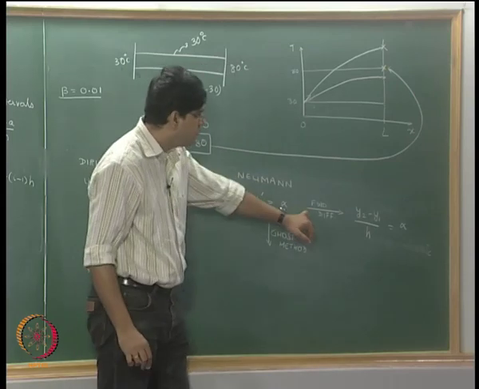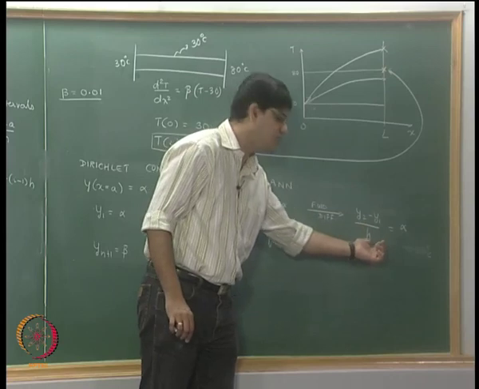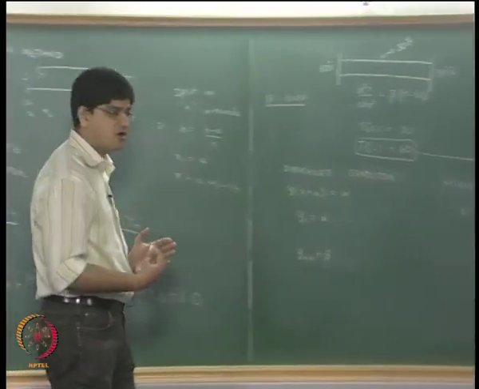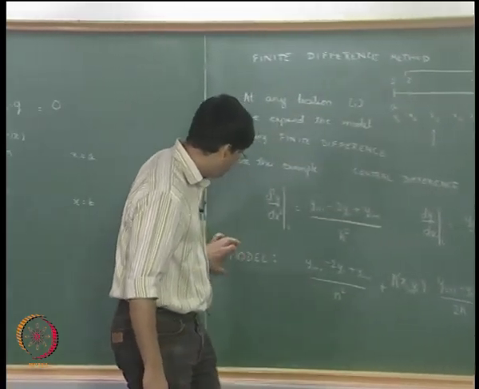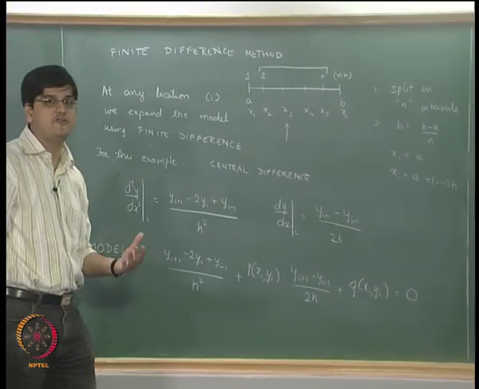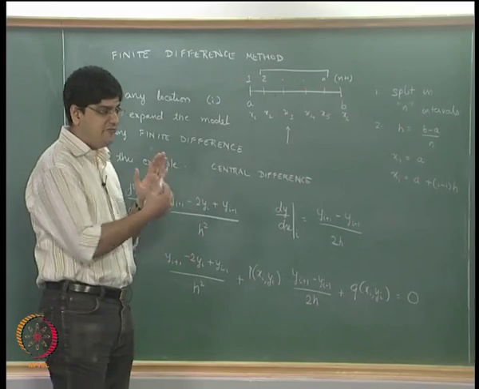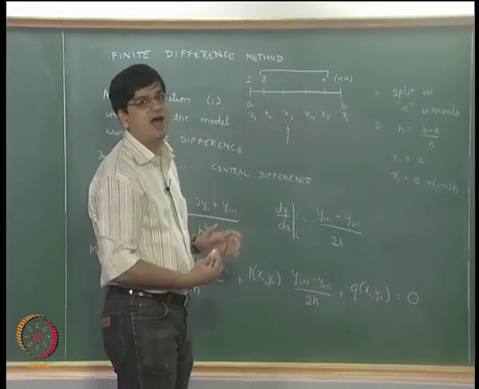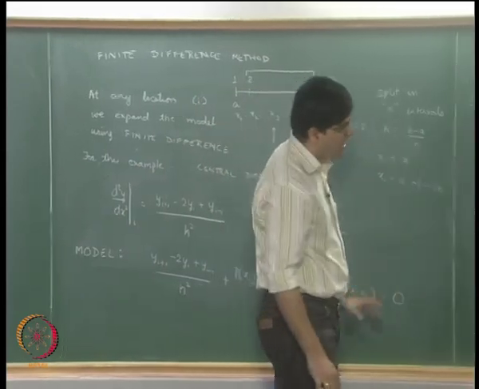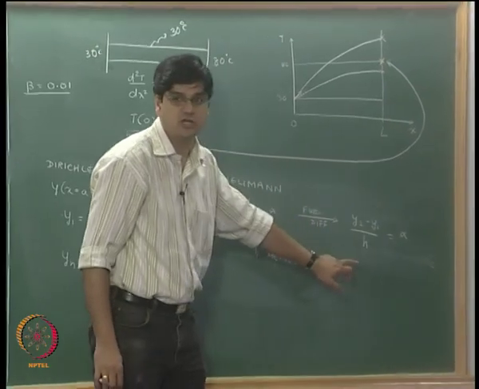Now, the problem with using the forward difference formula is that the order of accuracy of this formula is h to the power 1, whereas the order of accuracy for the central difference formula that we have used to expand this particular model is h squared. So, in the entire domain we have a formula that is h square accurate, but at the end of the domain we have a formula that is order of h accurate.